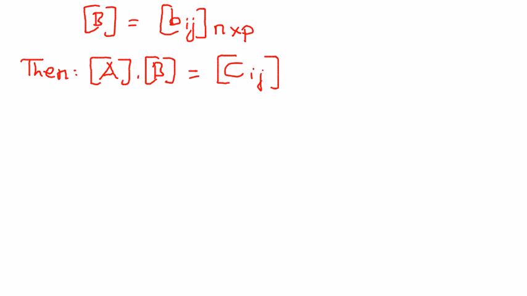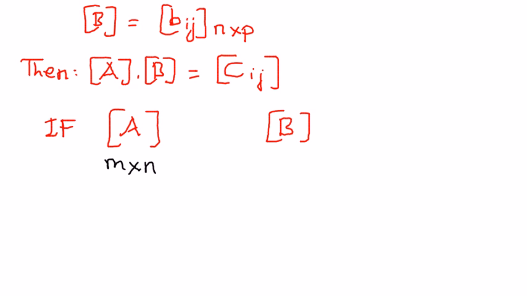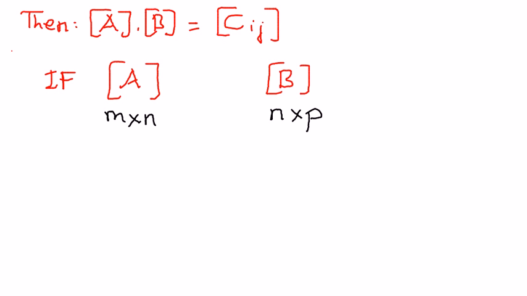If A is a matrix that has M by N size, and if we have another matrix B that has size N by P, I want to point out that the first term is always the rows and the second one always represents the columns.